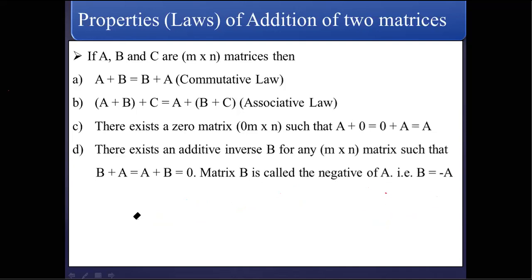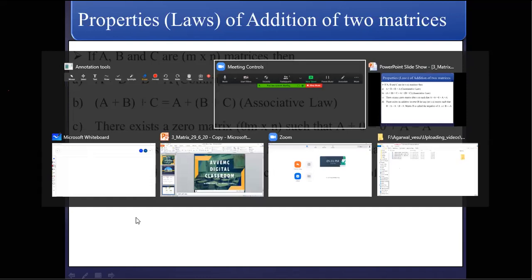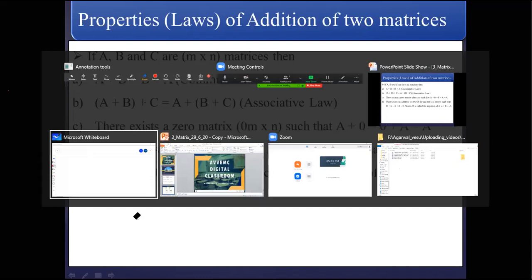Rule number 4: there exists an additive inverse B for any m by n matrix A such that B plus A equals A plus B equals 0. Now again, this is a very important and interesting concept, so let me explain this in detail.